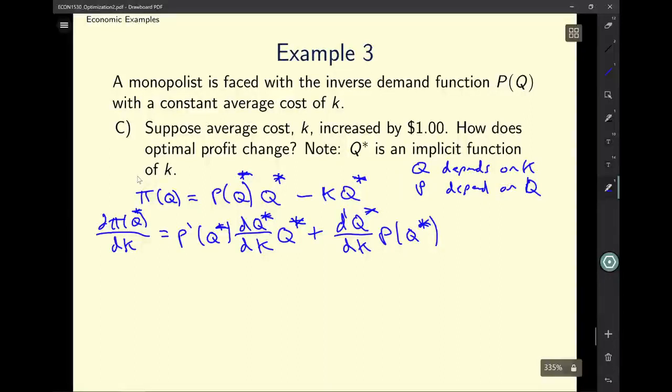And the change in K with respect to K is just 1. So we get Q star. I could add a 1 there to remind you where that's coming from.